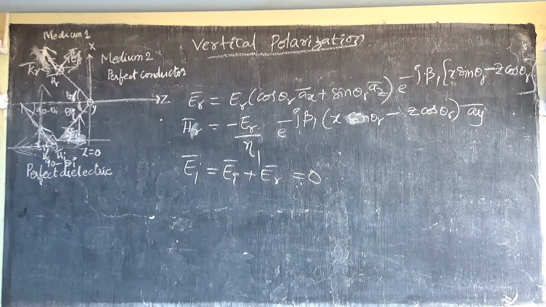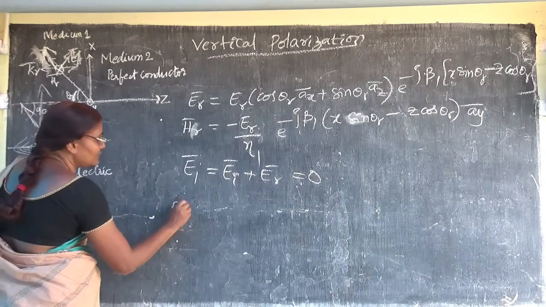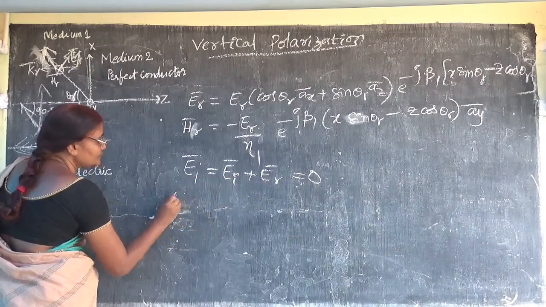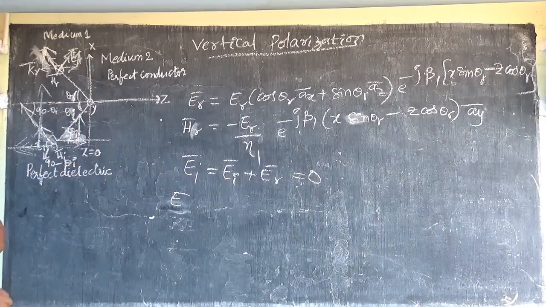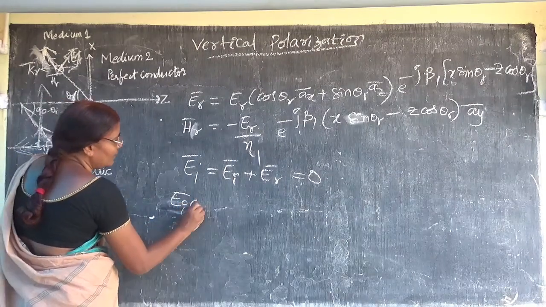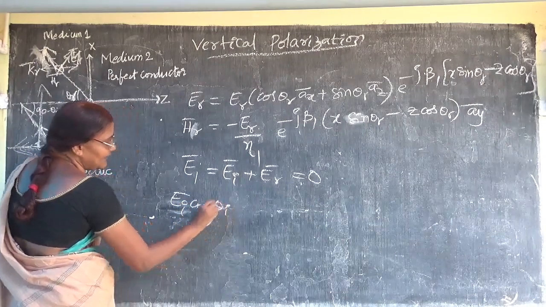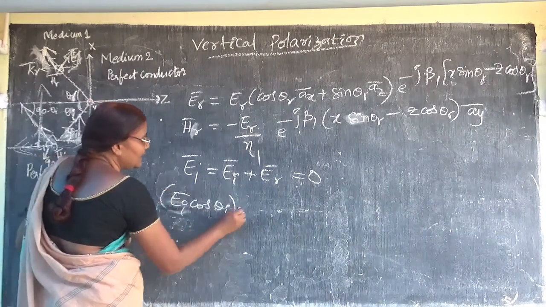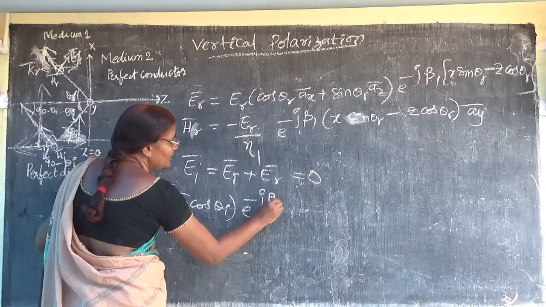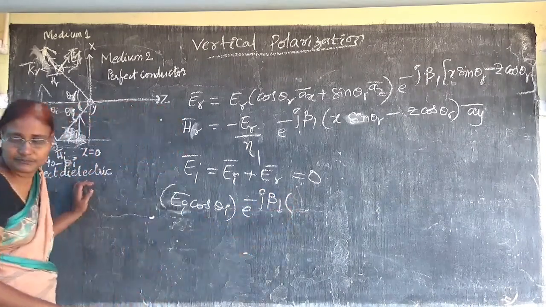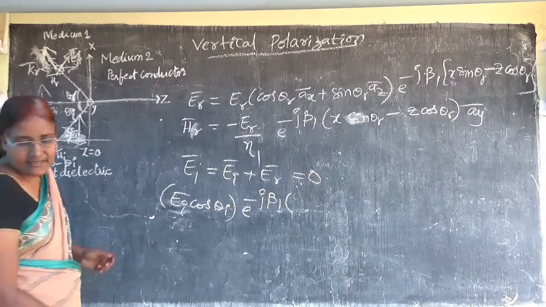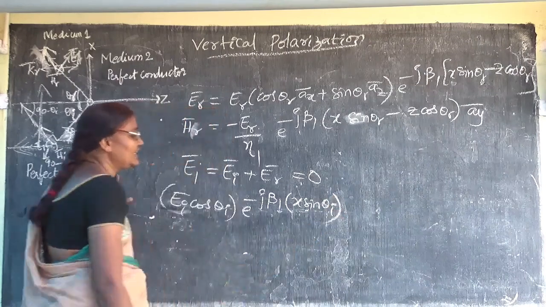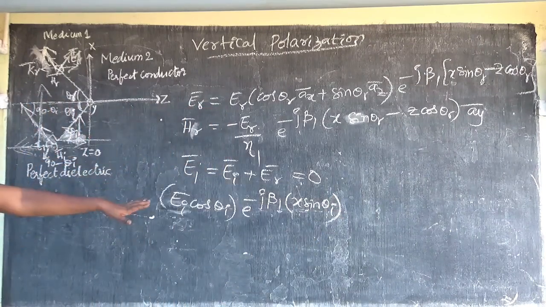So if we consider only the x components, what will the answer be? So my EI cos theta I into e to the power of minus j beta 1 into x sin theta. So no z components remain, only x components.